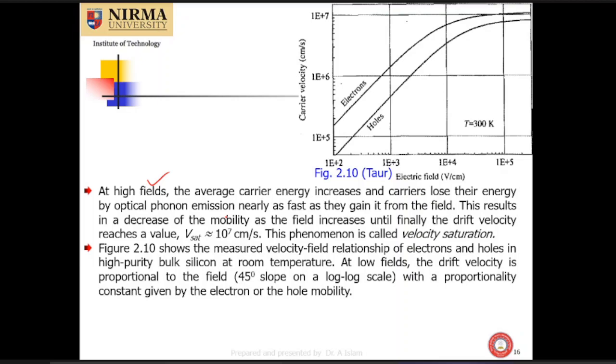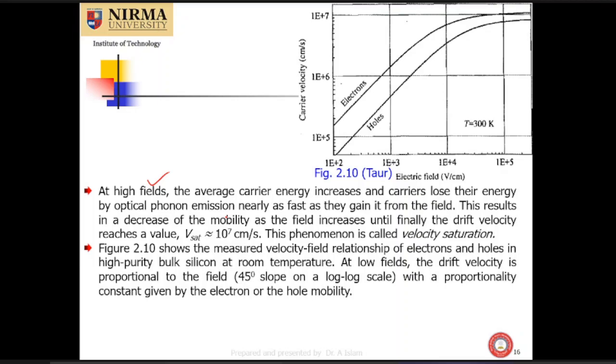This figure shows the measured velocity-field relationship of electrons and holes in high purity bulk silicon. High purity may be intrinsic silicon at room temperature. At low fields, the drift velocity is proportional to the field at a 45 degree slope.